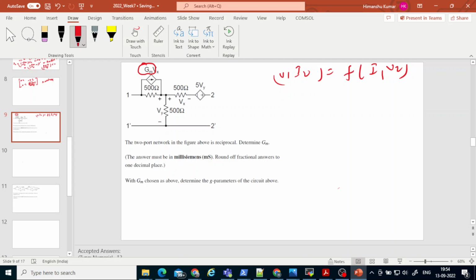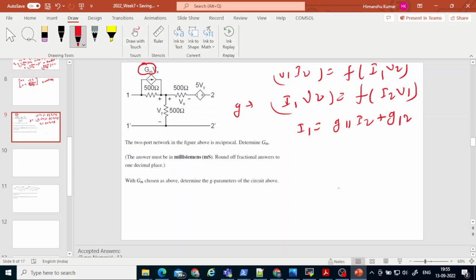So we can write I1 equals G11 V1 plus G12 I2, and similarly V2 will be equal to G21 V1 plus G22 I2.